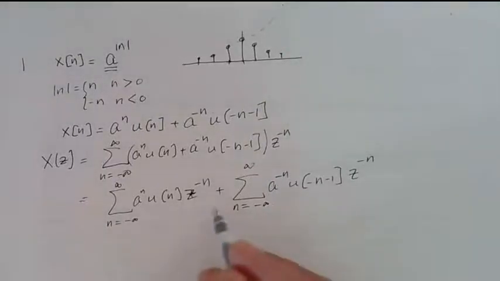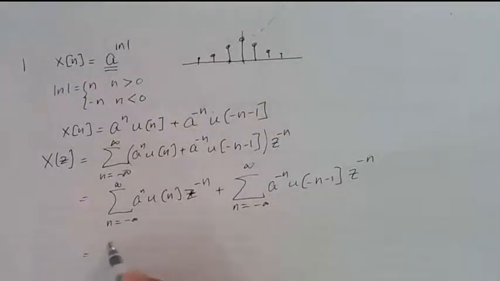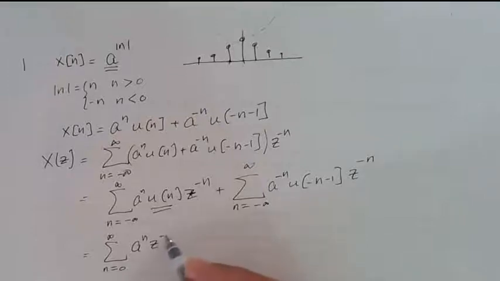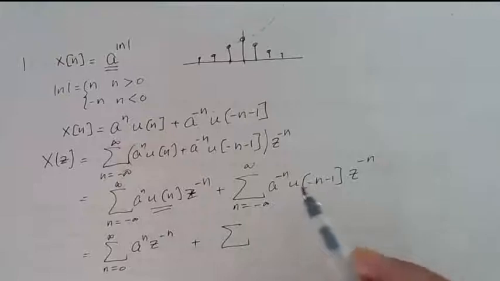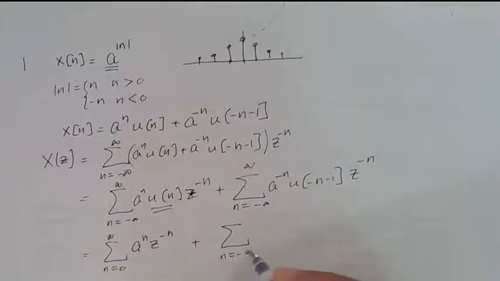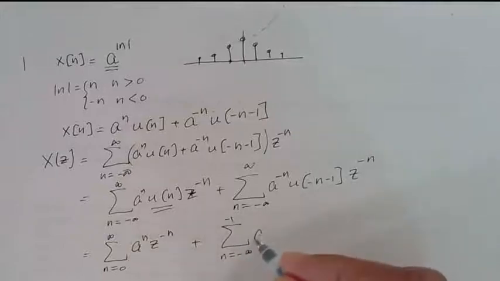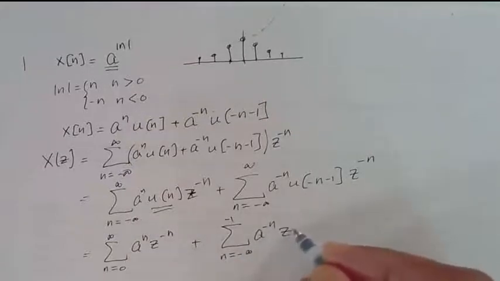Okay, so this one I know already. This is our standard n equals 0 to infinity because of u of n, a to the n, z to the minus n, and then this is, again, because of u of minus n minus 1, this will go from minus infinity to minus 1, a to the minus n, z to the minus n.